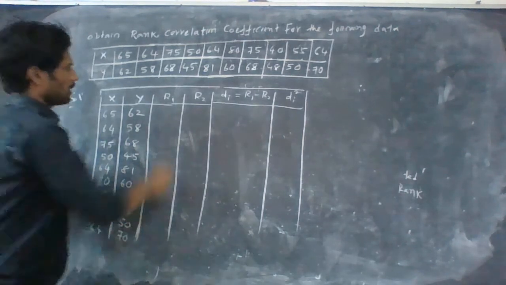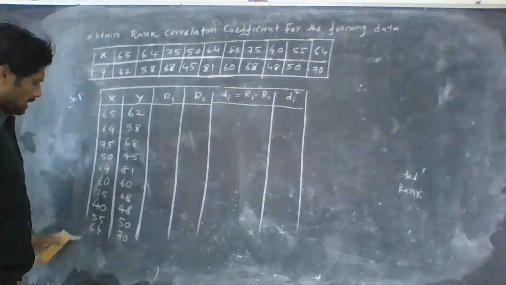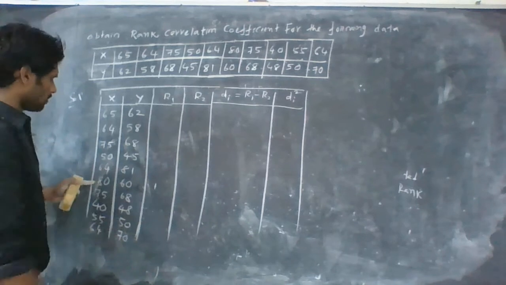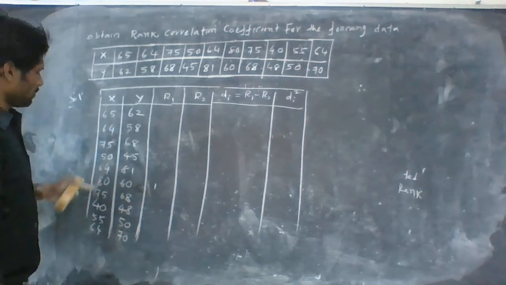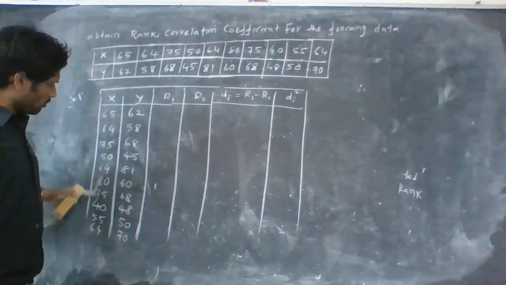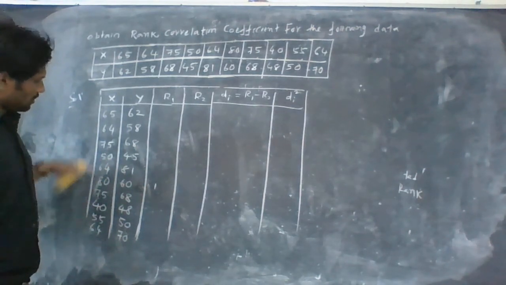Okay, so giving the ranks one by one: in the x series the highest value is 80, so 80 gets rank 1. The next value is 75, which clearly repeats twice, taking ranks 2 and 3.